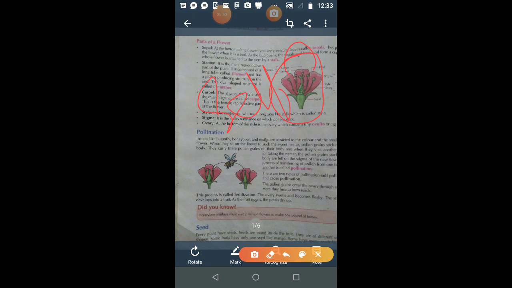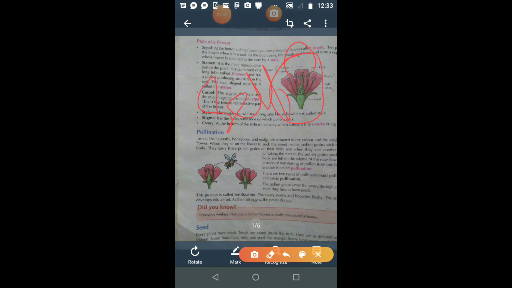Pollen is transferred to the stigma of another flower, but the common thing is that the plant is the same. Are you understanding?